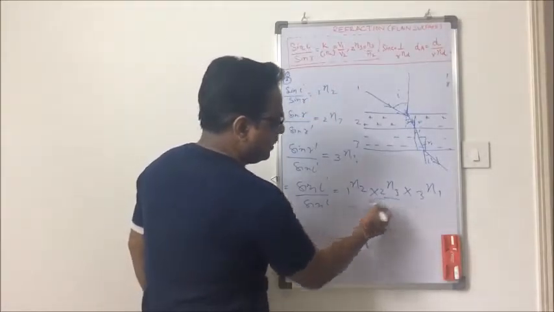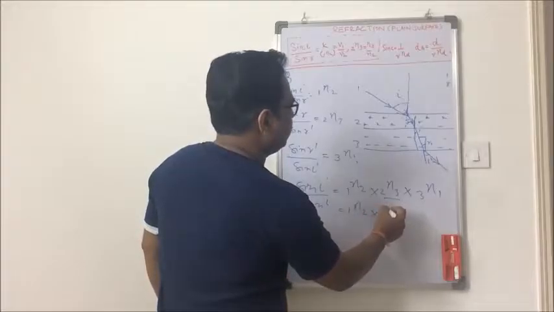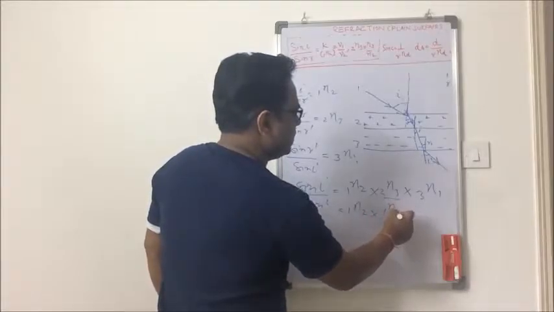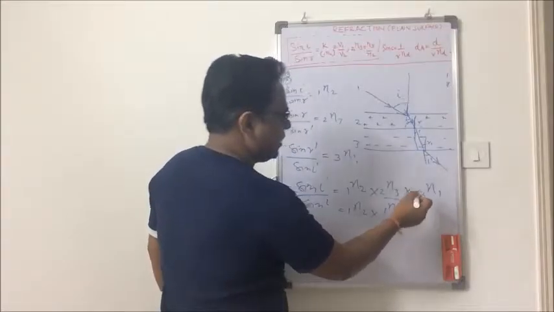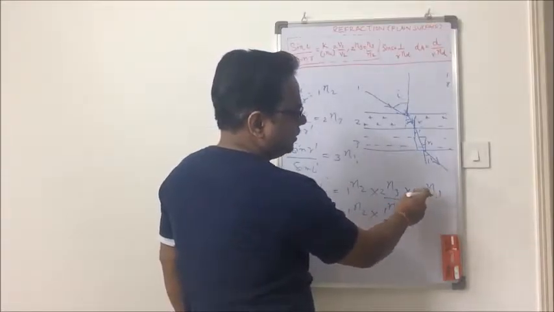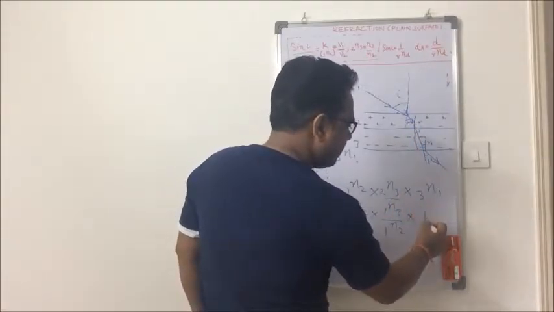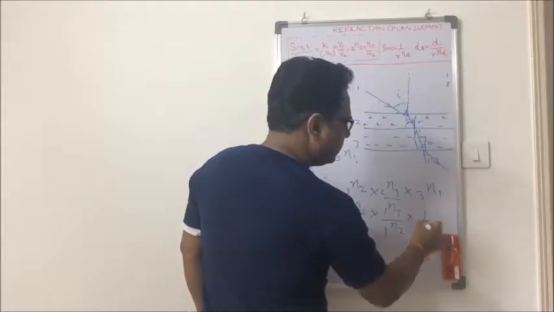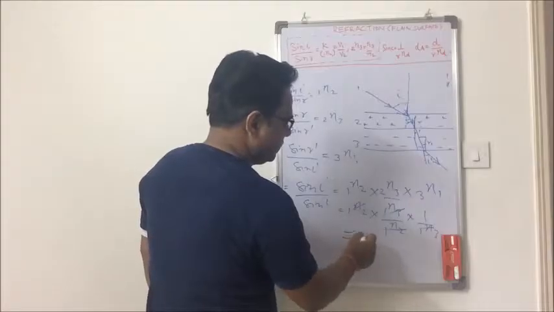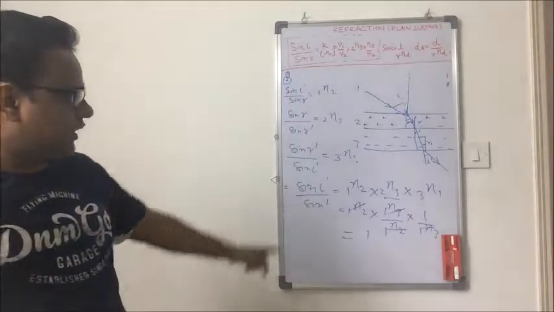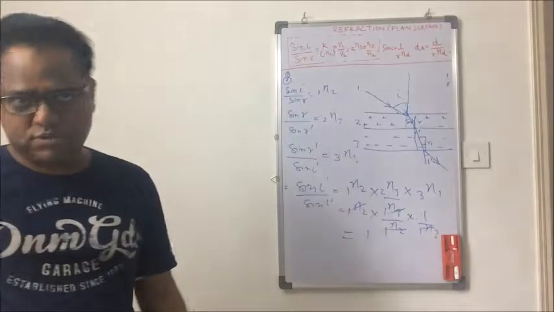So we will write 1 and 3 divided by 1 and 2, and we know that 3 and 1 is equal to 1 by 1 and 3, so the product is 1. That proves that I and I dash would be the same.